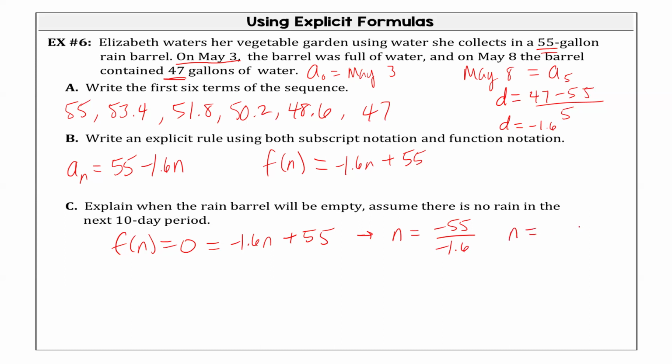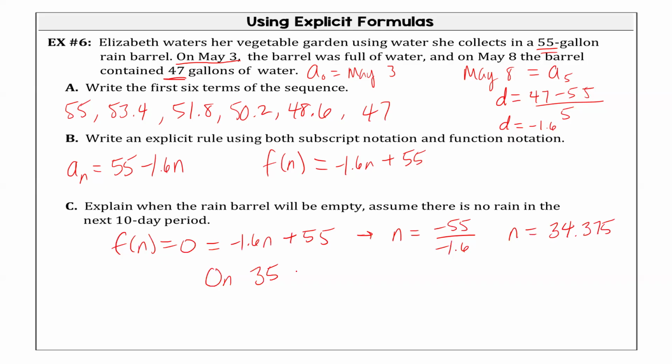So n equals what? 34.375. So it's going to take 34.375 days. So what day will it be empty? It'll be on day 35.